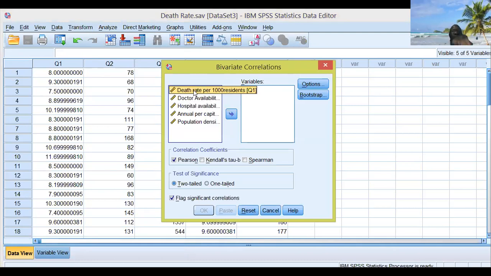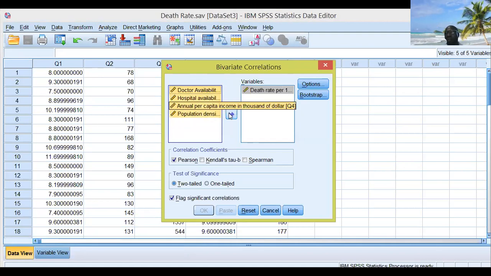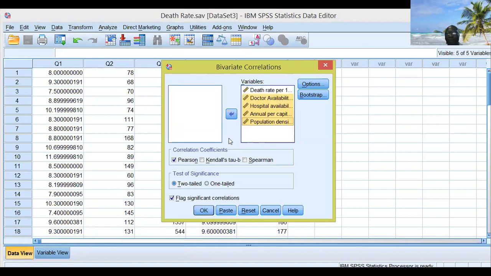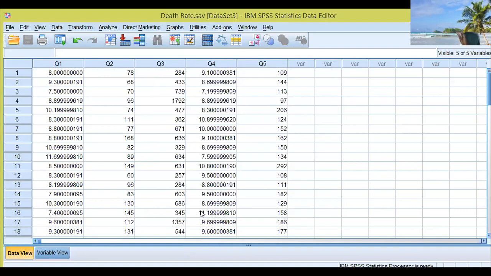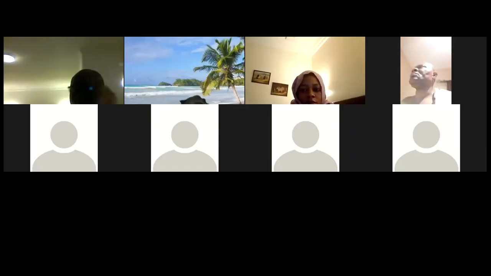You can press Control A and move everything. Click OK. So share the results.